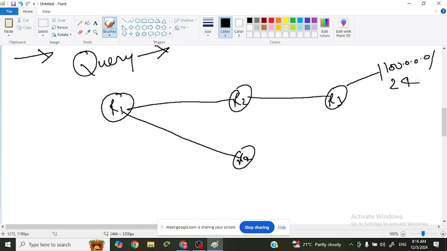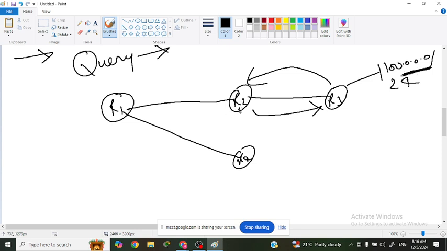Okay, we added it in the loopback. R3 is exchanging its routing table with R2 and R2 with R3. Let's suppose this loopback goes down.